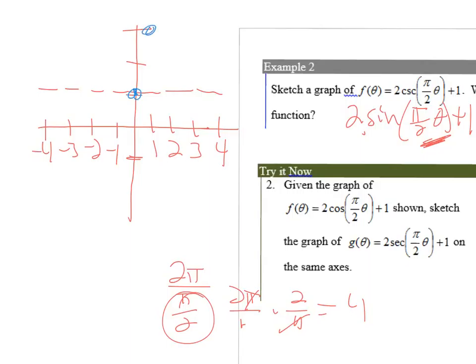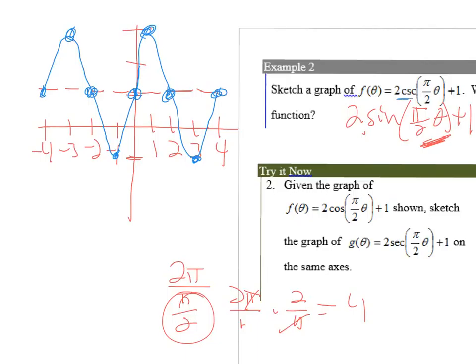I'm going to go up 2, come back down to the midline, go down 2, back to the midline. Okay, so then I'm going to come down 2, back to the midline, max out, back to the midline. So that's the sine graph, but we want to graph the cosecant graph.